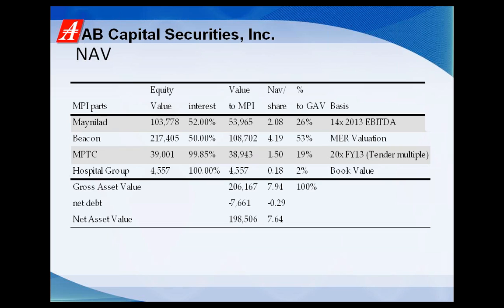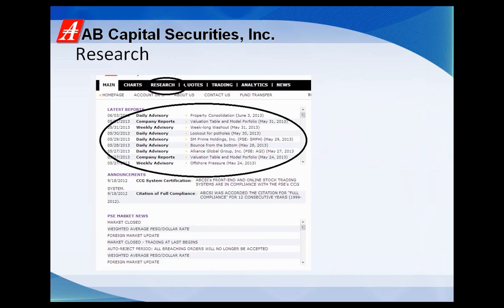Okay. So basically, that's a very brief summary of how you do analysis in the stock market. There would be subsequent webinars which would dig deeper into the specifics of analysis, whether it's the macro, industry, or company analysis.